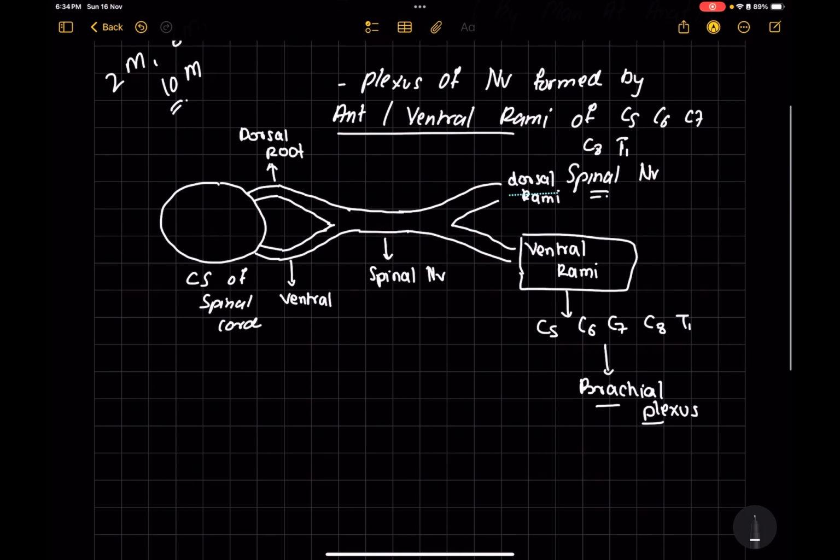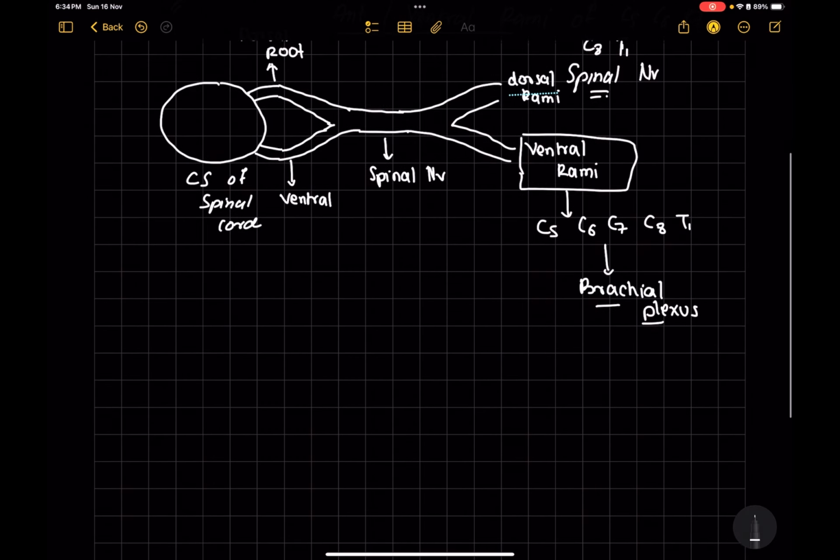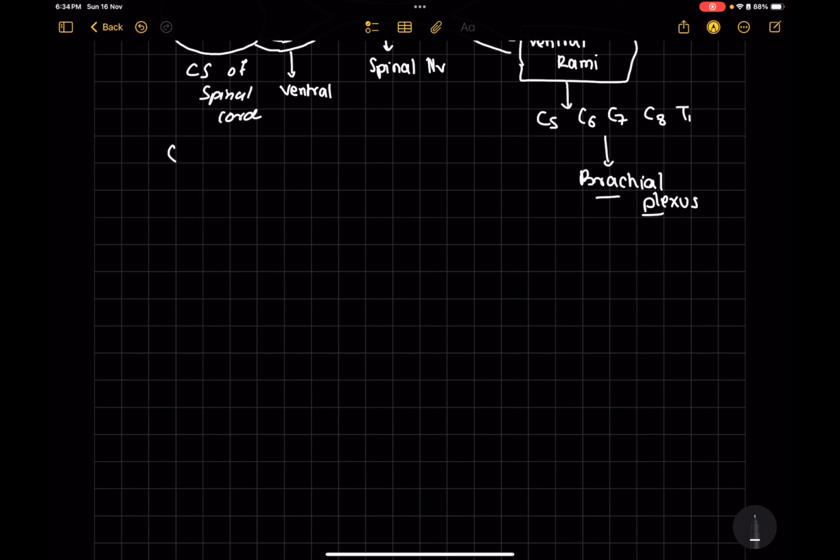Now one should understand what the components of brachial plexus are.